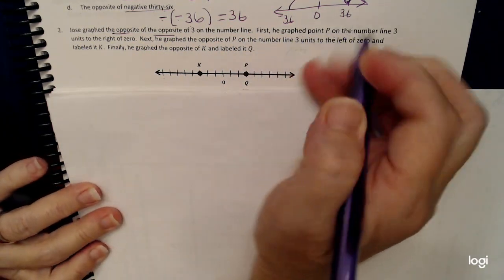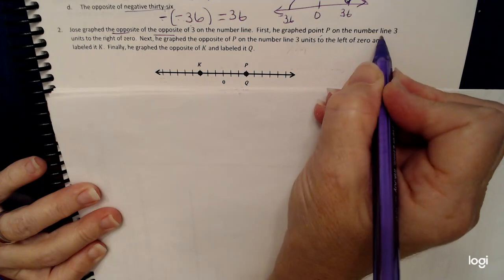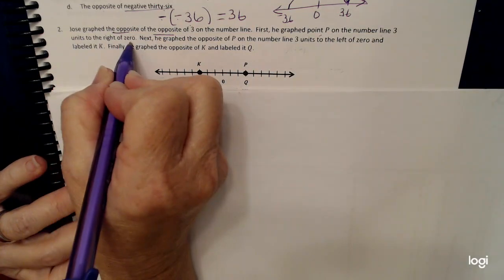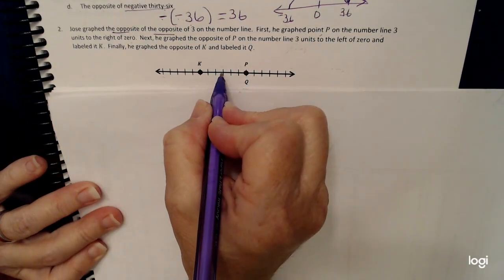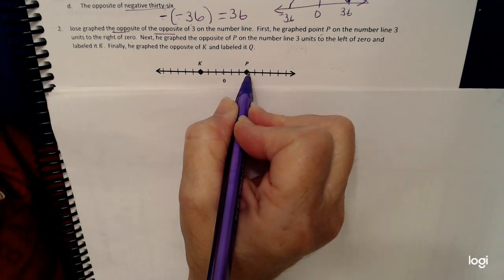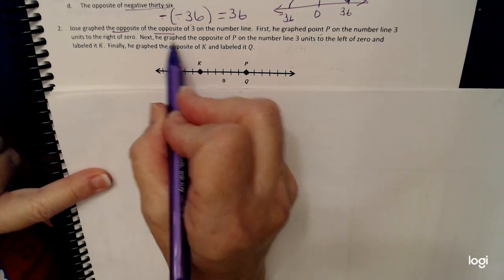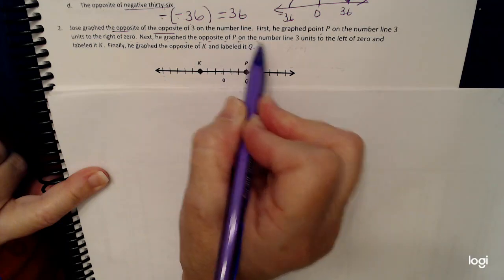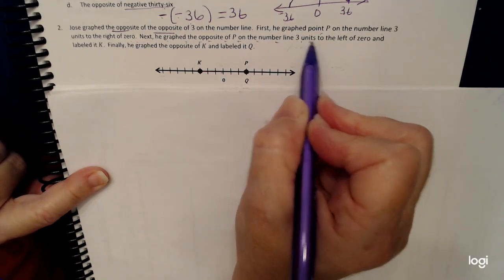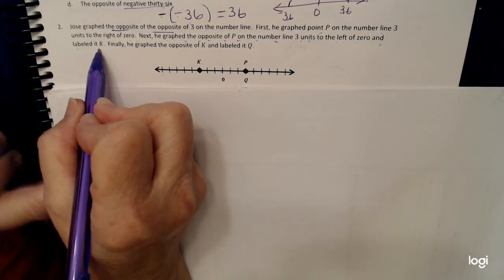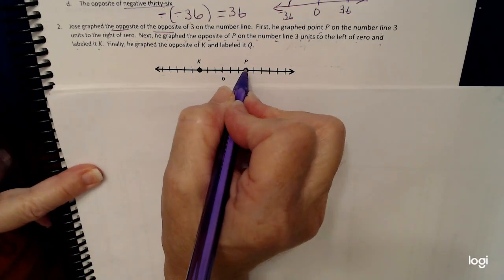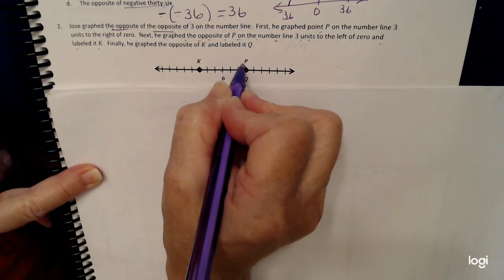First, he graphed point P on the number line, 3 units to the right of 0. All right. 3 units to the right of 0 is P. Okay, works. Next, he graphed the opposite of P on the number line, 3 units to the left of 0, and labeled it K.